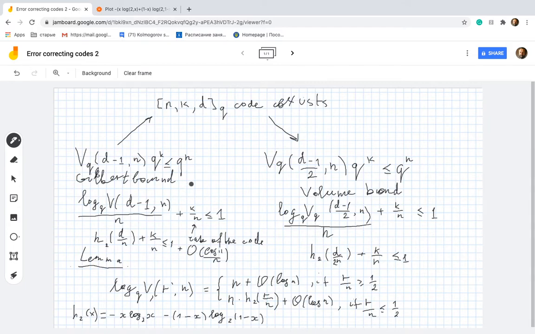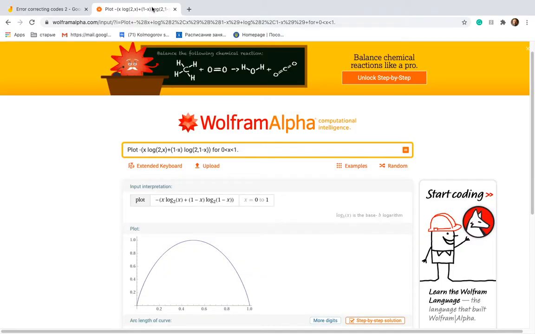And so let's go back. For example, let's see what area indicates this one. The necessary condition k over n is at most 1 minus h of d over n. So we will ignore this small term. So we see that we obtain the following.